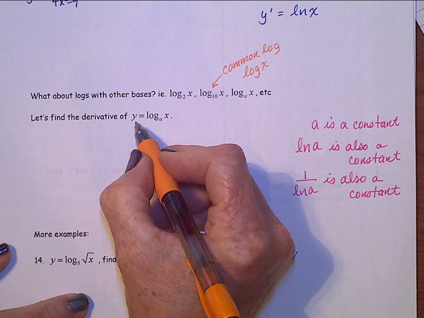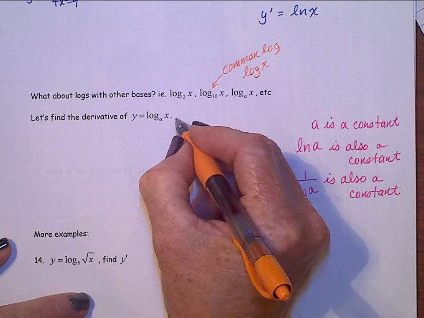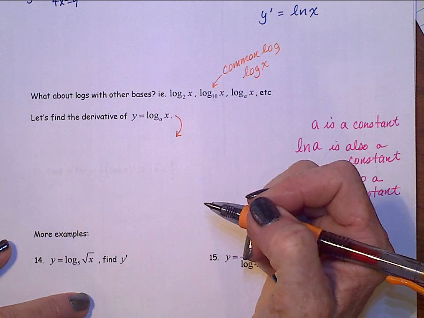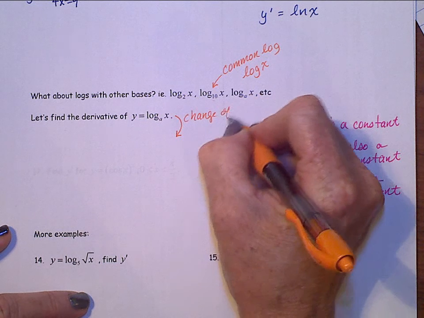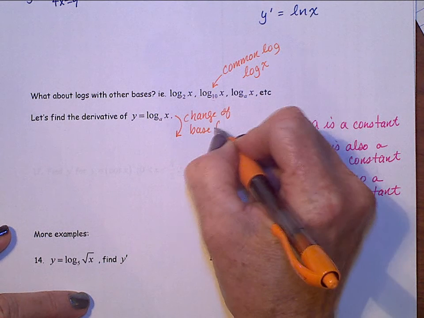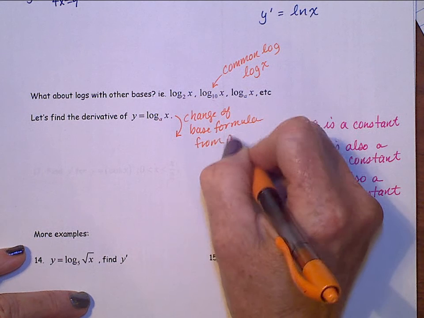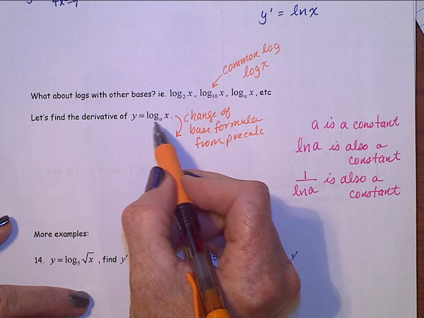I want you to find the derivative of y equals log base a of x. The first thing that we're going to have to do is to use the change of base formula from pre-calc. And to change that, we're going to change it into natural logs.